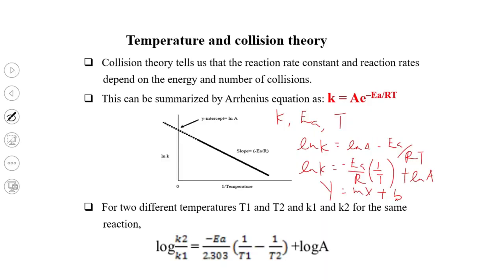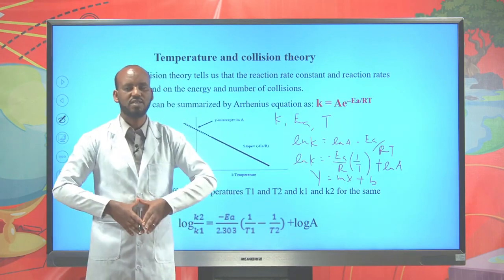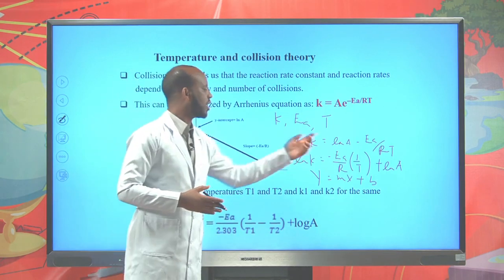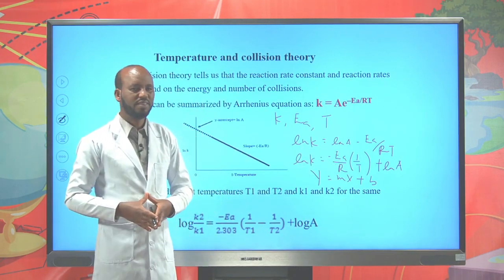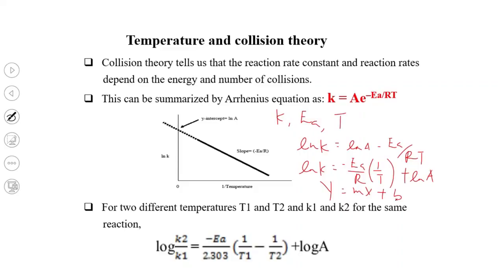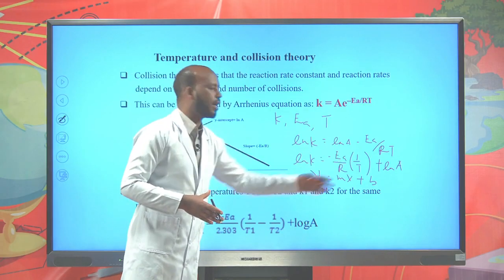This equation shows that for a reaction having large value of activation energy, its rate constant is small and the reaction is slow. When temperature of the reaction increases, the rate constant also increases and the reaction is fast. This is the relation between rate constant and temperature.